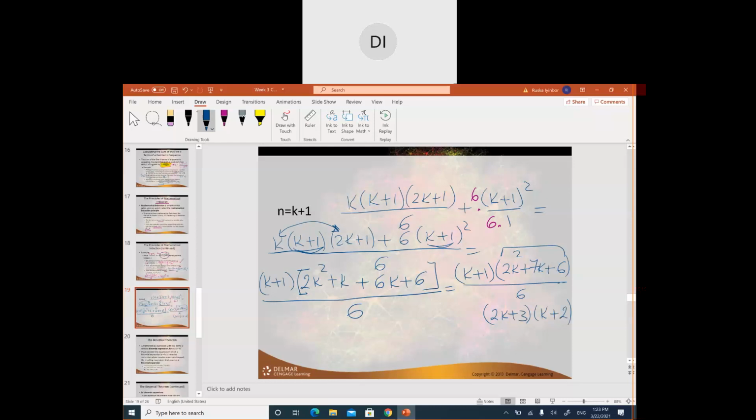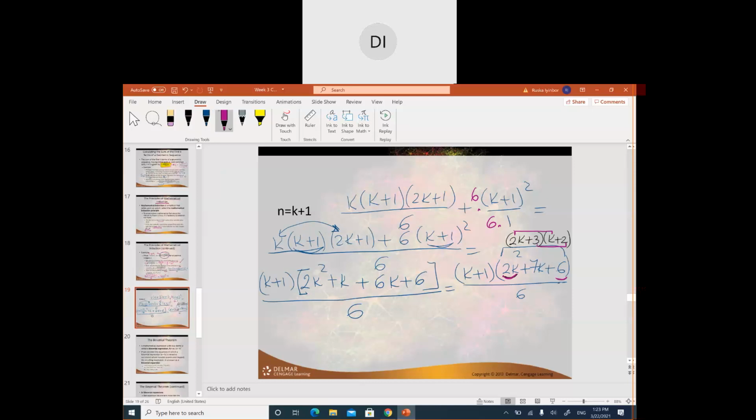Because when I multiply 2k times k is 2k squared, right? Let me write it up here. So 2k squared plus 7k plus 6 is actually 2k plus 3 multiplying by k plus 2. Because this is what happens if I multiply 2k times k, 2k squared, right? When I multiply 3 times 2, I'm going to get 6, right?